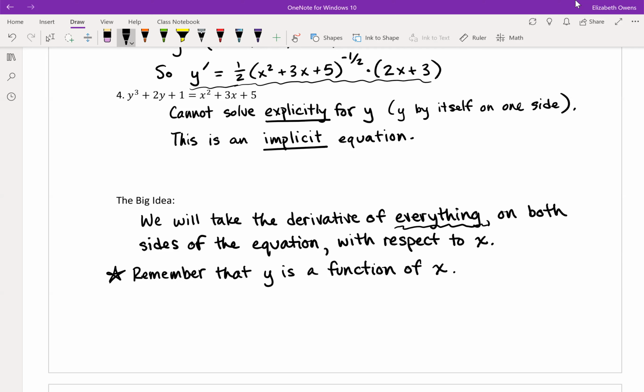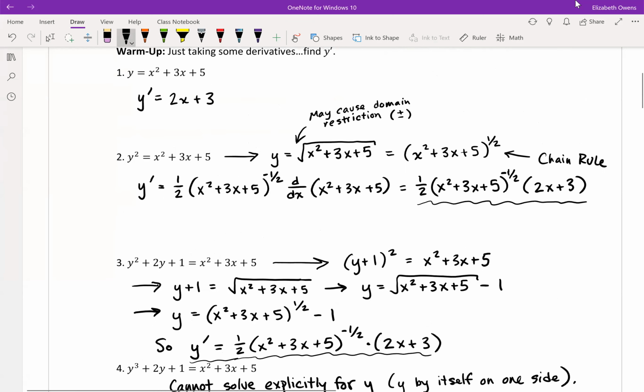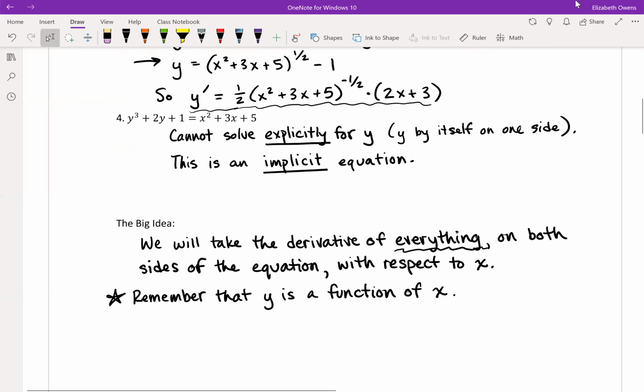And honestly, that has come into play even in things like problem number 1, which looks very pretty fast, quick, and simple for us now, hopefully. So things like y equals x squared plus 3x plus 5, we are actually taking the derivative of everything on both sides of the equation here.